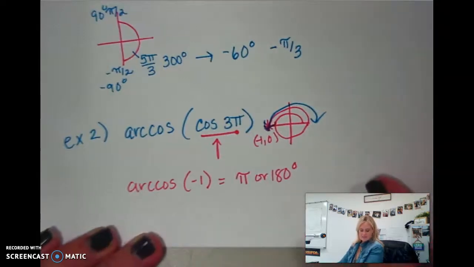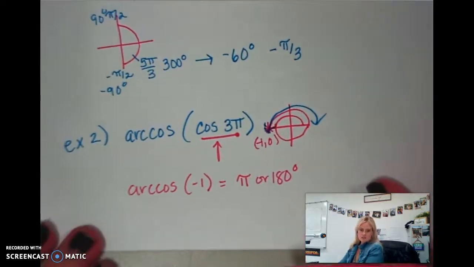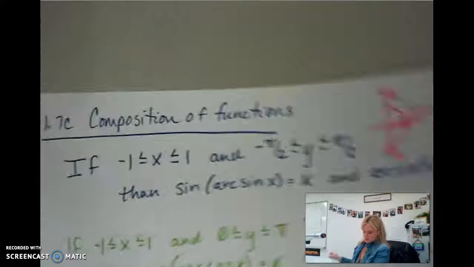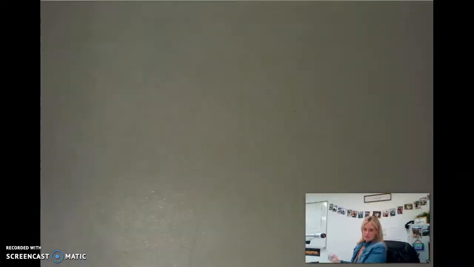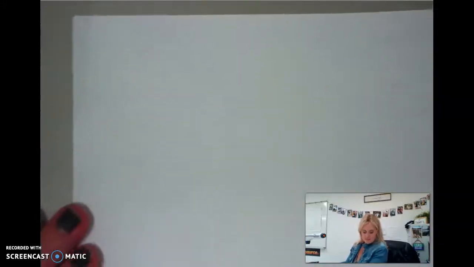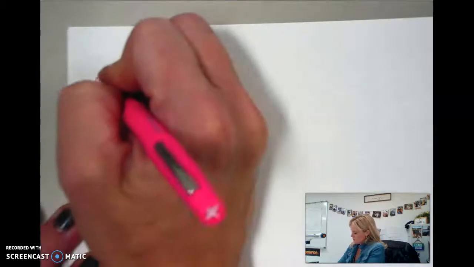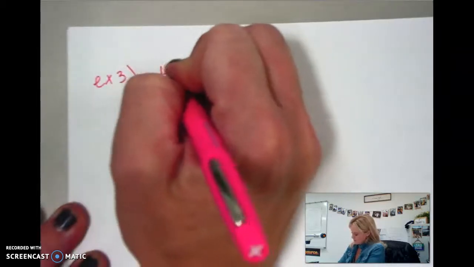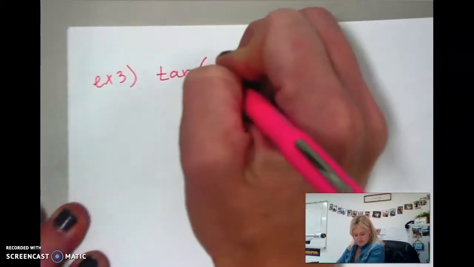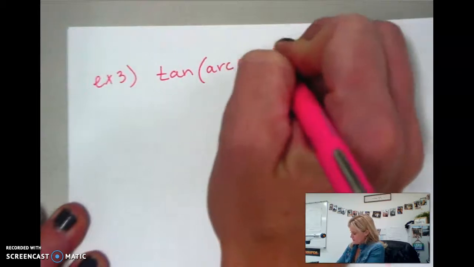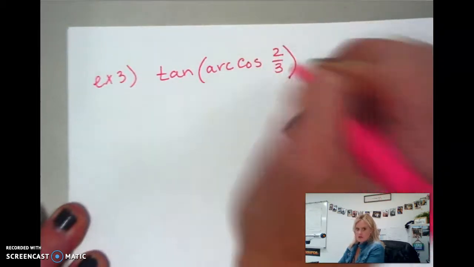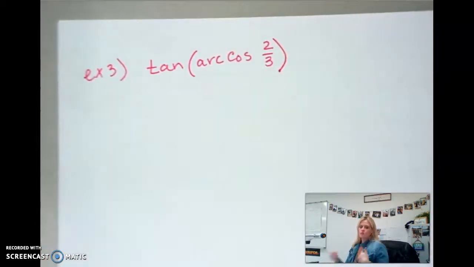Okay. So why would this be helpful? Well, it's not as easy when we start mixing the trig functions. So if you look at this one, find the tangent of the arc cosine of 2 over 3. Well, tangent and cosine don't work together.